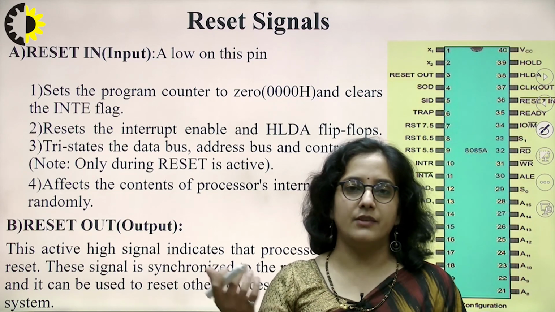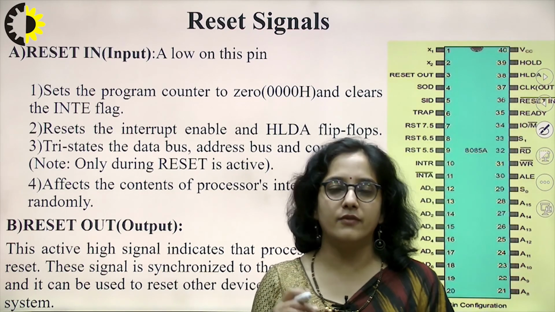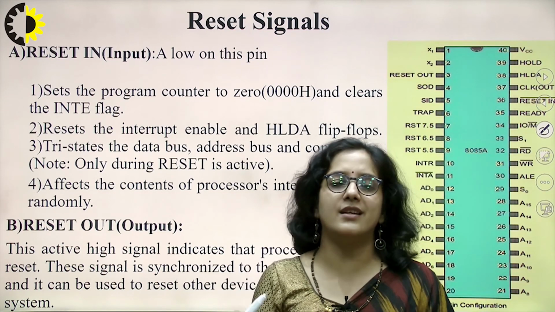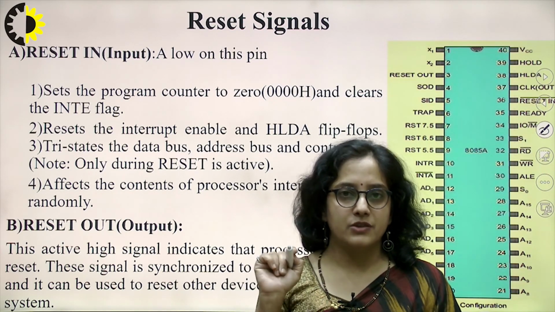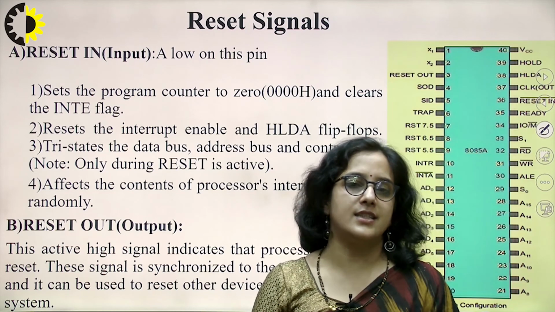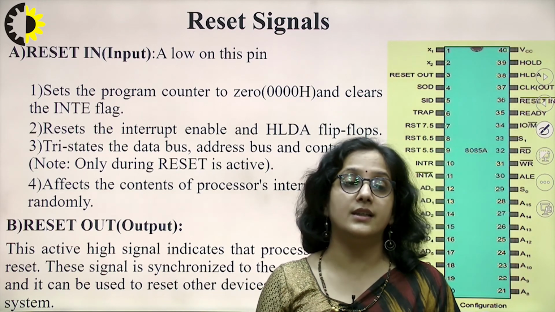We have a hardware button on our laptop or desktop also. If our system hangs, we push that button and the system restarts. That switch is connected to this RESET IN pin.